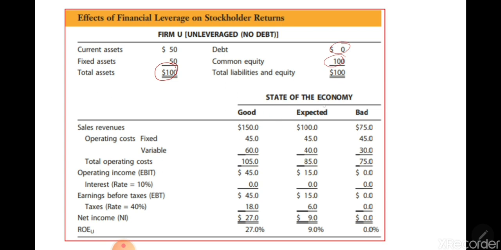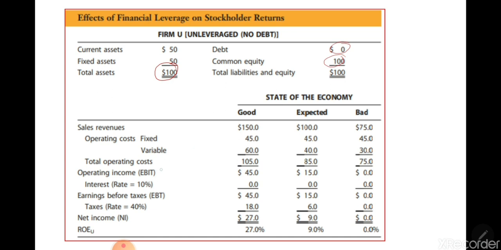Now there are three states of the economy: good, expected and bad. If the economy is good, the sales will be good. So 150 is the predicted sales in that case. But if the economy is normal, on average performance, then you expect a normal sales amount. And if the economy goes bad, then you expect that the sales will be reduced.